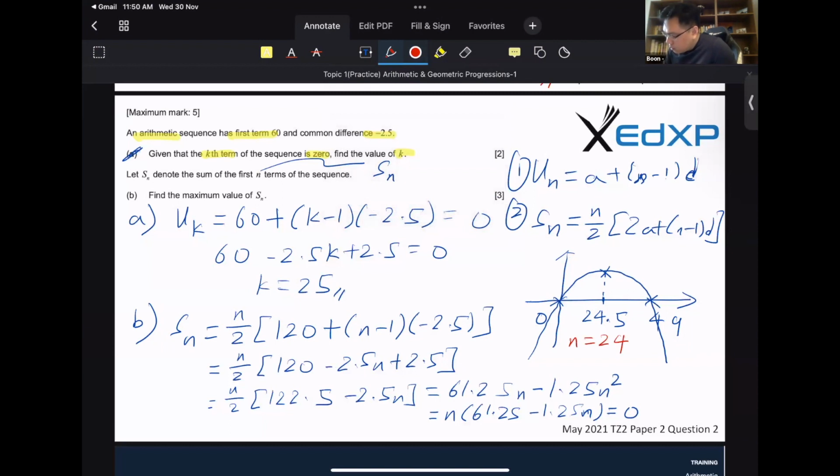Okay, so we can sub this into the equation. So S_n will be equal to 24 times 61.25 minus 1.25 times 24. I'm just substituting n as 24, and I get 750. Okay, a bit of a trick question here because the maximum value of S_n does not occur when n has a decimal. It has to be when n is 24, an ordinal number.